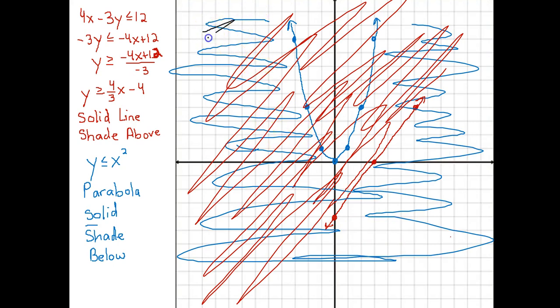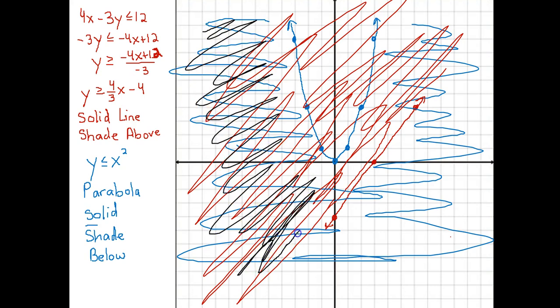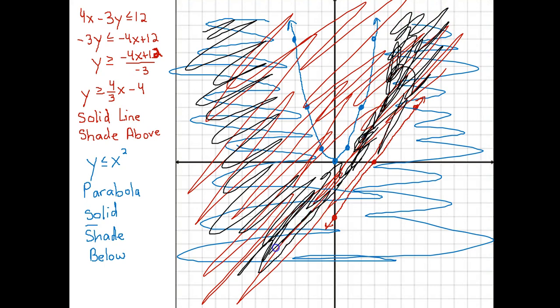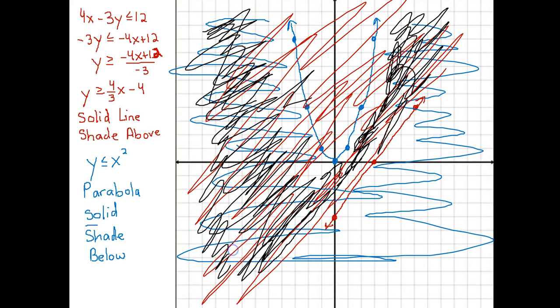So that would be out here until you get to the line. So outside the parabola, but above the line at the same time. So that's all of this space here. So you pick any points in that blackened area, and you are going to have a point that'll work in both inequalities at the same time.